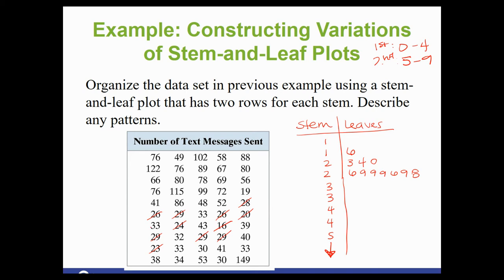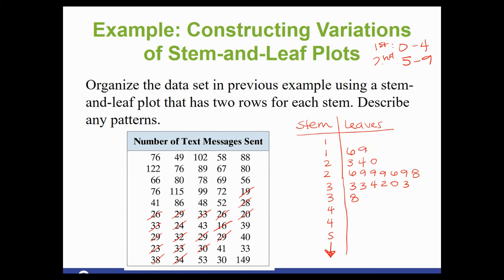Same with the 30s. Anything that has a ones place of 0 to 4 would go in the first row, 5 to 9 would go in the second row. And this is actually a good chance to see these numbers lined up nice and orderly, so you can see patterns a little bit clearer this time. Looking to see if we have, oh, we had a 19.